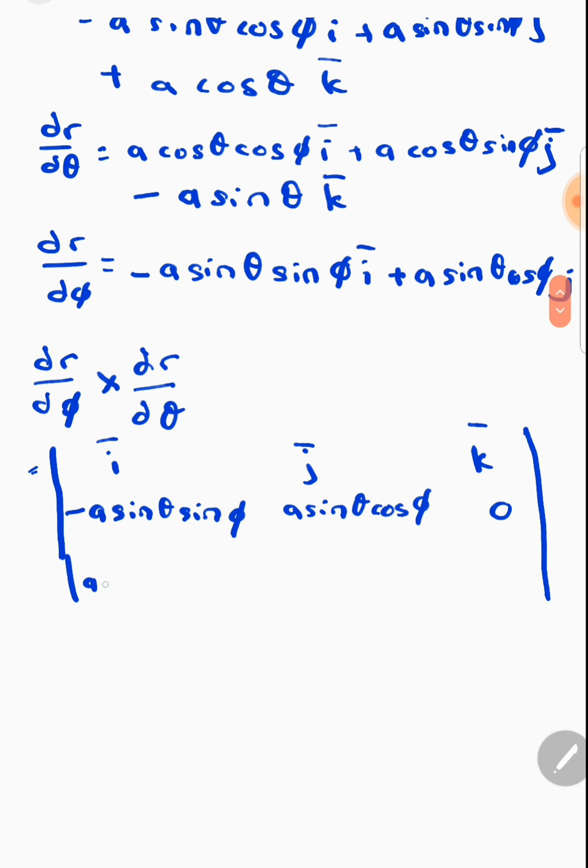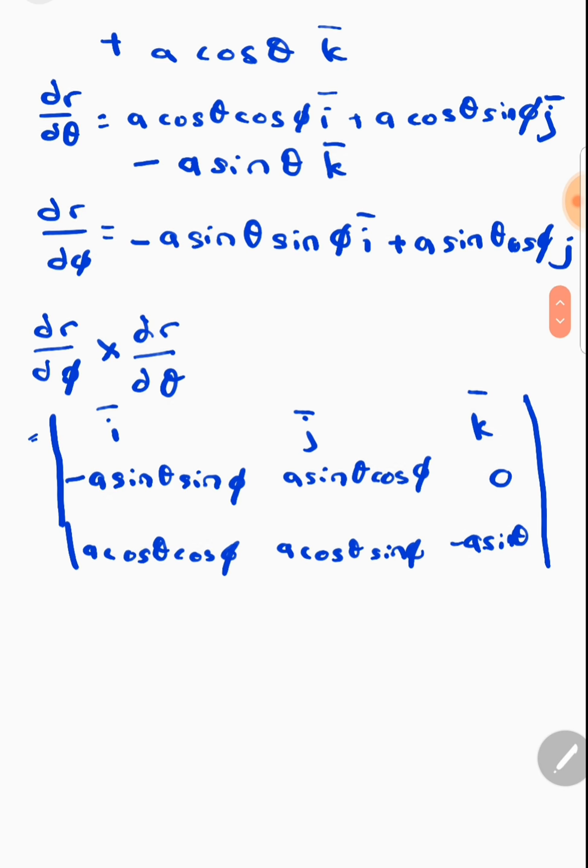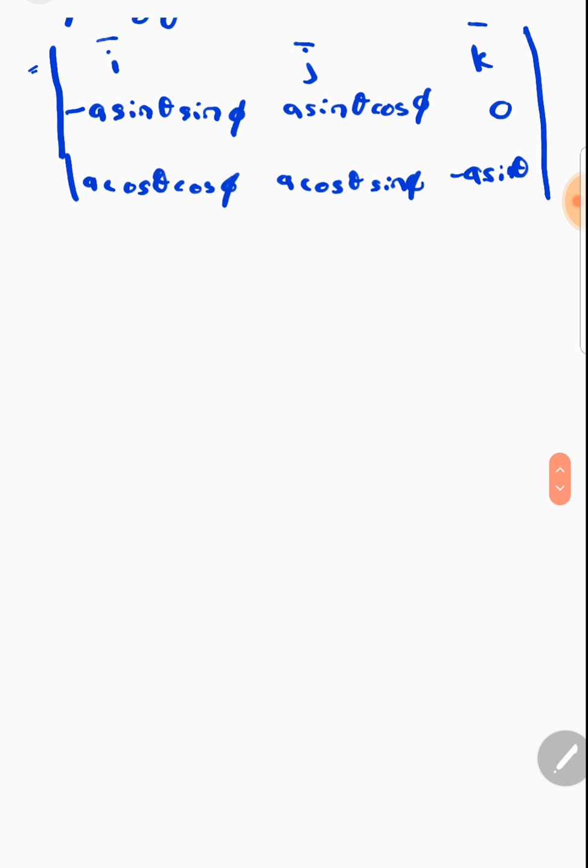This now gives me a cos theta cos phi, a cos theta sine phi, and negative a sine theta.